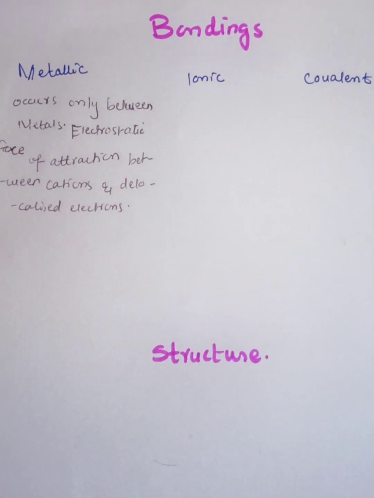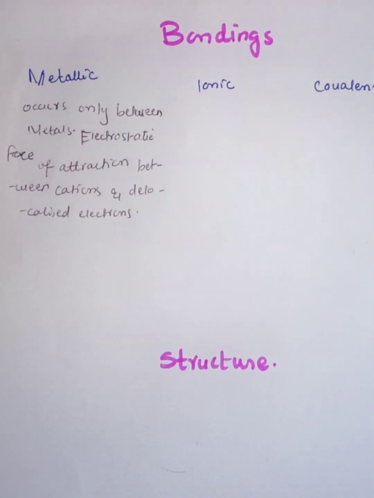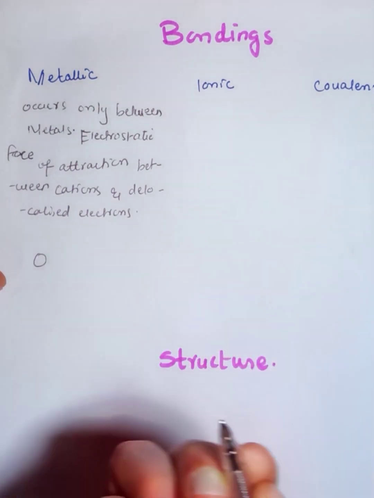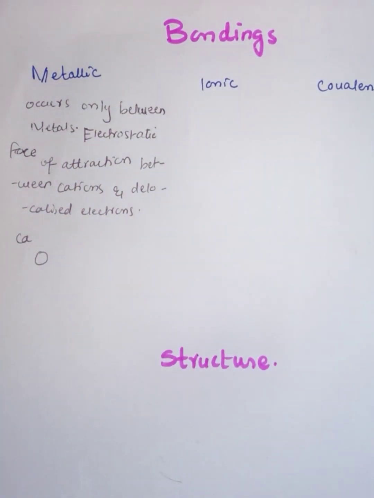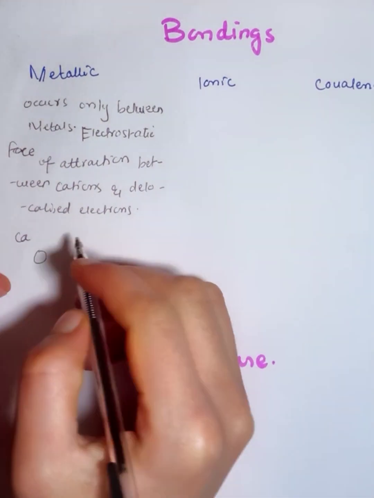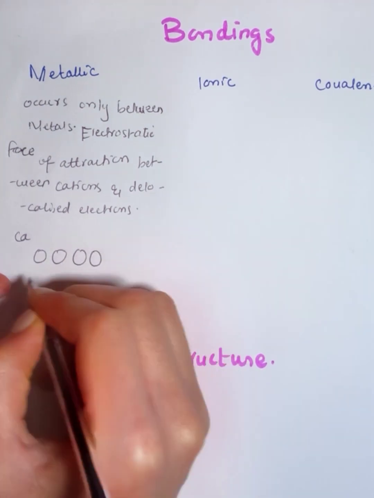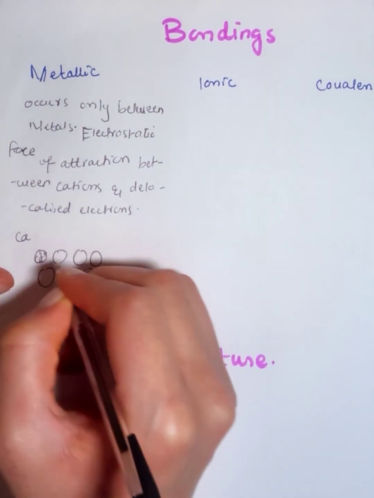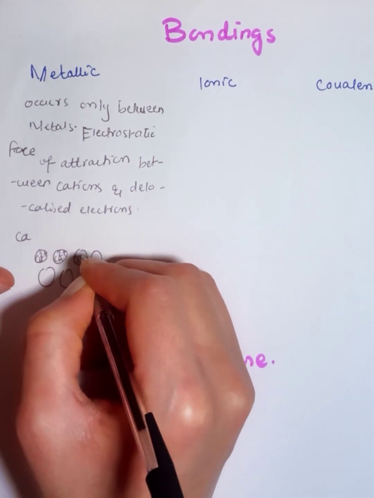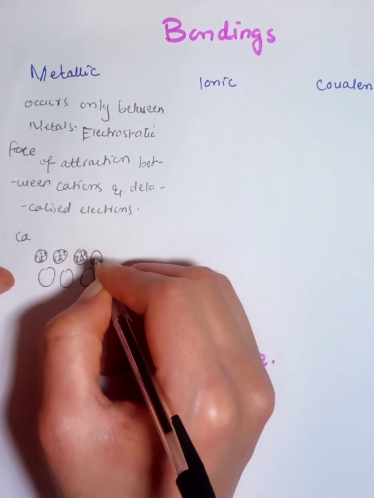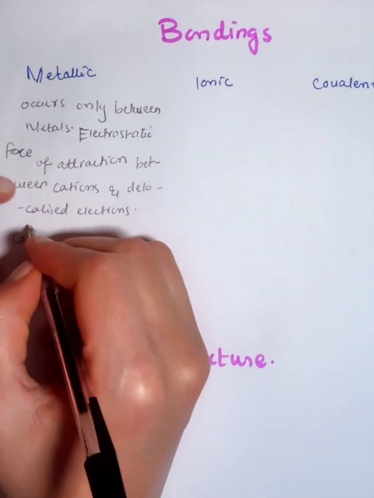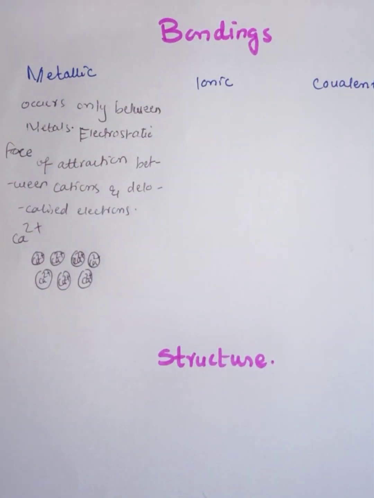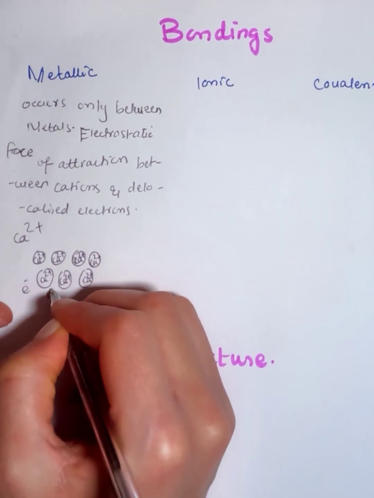The simplest way to remember it is by drawing. Visual memory is actually quite good for a lot of people. For example, calcium is a group 2 metal. Calcium donates 2 electrons, so the electrons are delocalized.